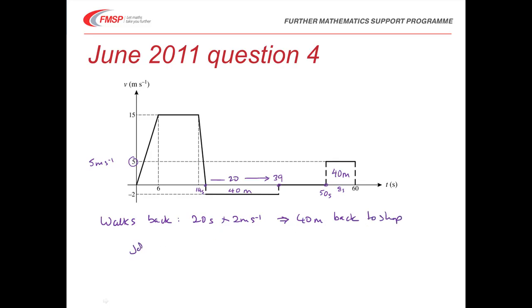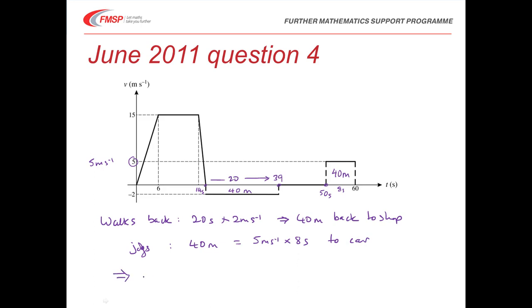Then he jogs. And he jogs 40 meters. Well, therefore, we've got to decide that that's 5 meters per second times something, that's clearly 8 seconds, back to the car. That calculation explains where I've got my 8 seconds from.